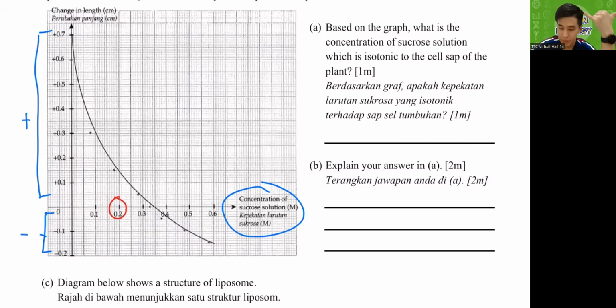Okay, I got 6 more people who have answered. Hypo or hyper? It's so easy. 1, 2, 3, 4, 5, 6, 7, 8, 9, 10, 11, 12. 0.2, is it hypo or hyper towards my plant cell?